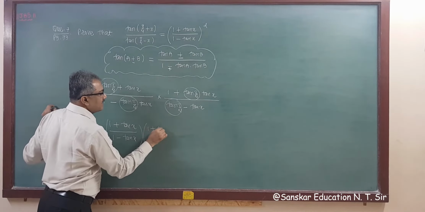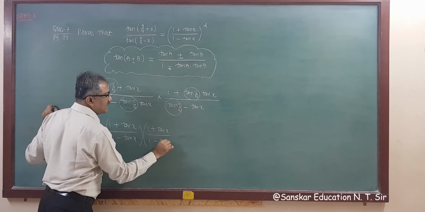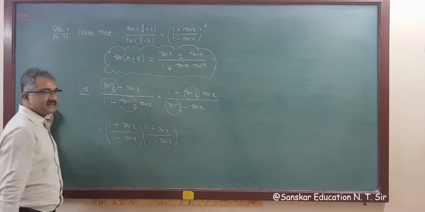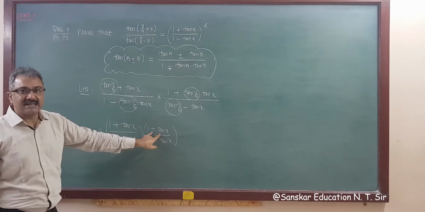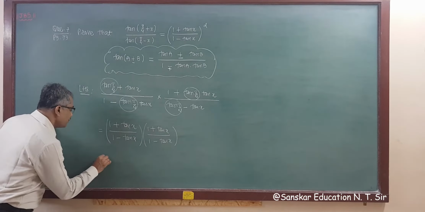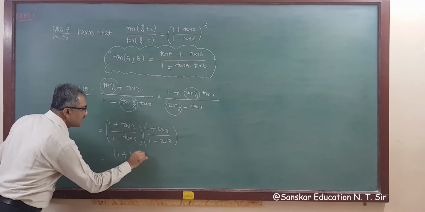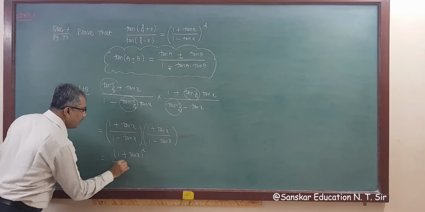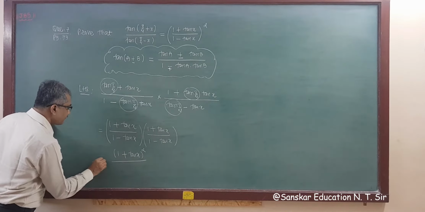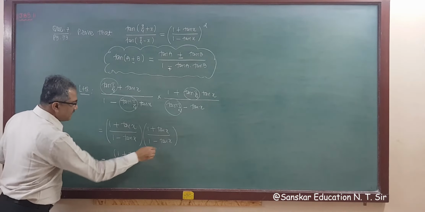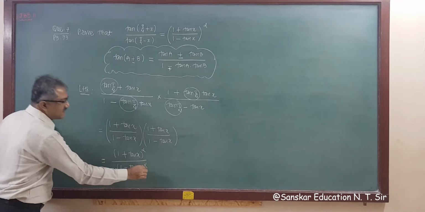So 1 plus tan x whole upon 1 minus tan x. Now this is 1 plus tan x into 1 plus tan x, that is 1 plus tan x whole square, upon 1 minus tan x, 1 minus tan x. So 1 minus tan x whole square.